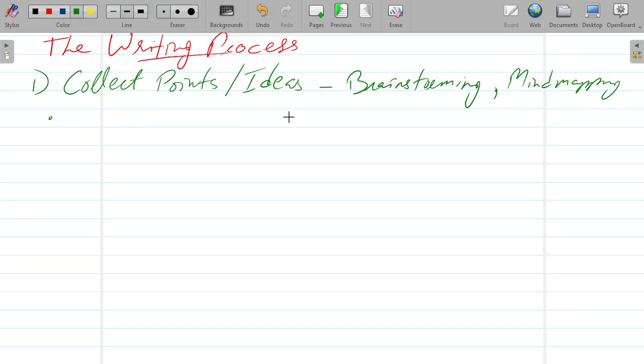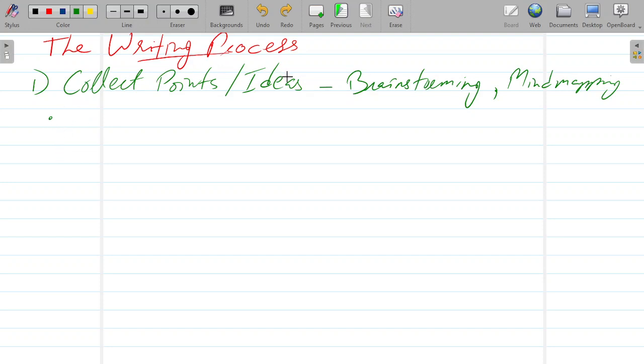They don't have to be grammatically correct, complete sentences. You can put a flow chart. You can scribble, doodle on the side, whatever. Collect ideas however you want to do it. I normally used to use bullet points, or the way you see me right now, I go with the arrows and stuff. So whatever works for you.